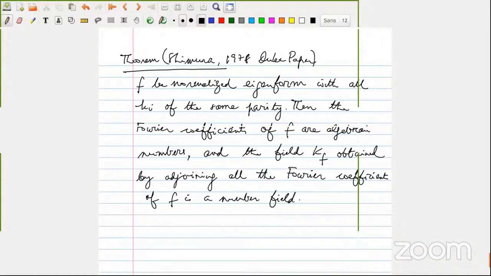In the same paper, the idea to show that the Fourier coefficients are algebraic numbers is the same as we have in the case of elliptic modular forms.